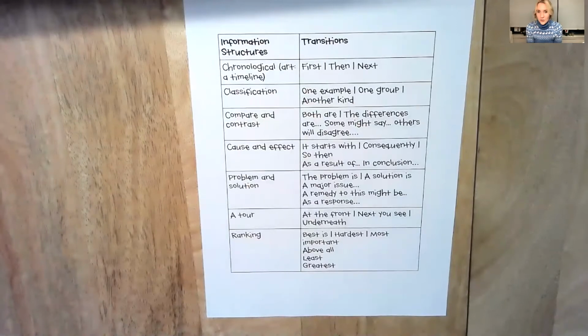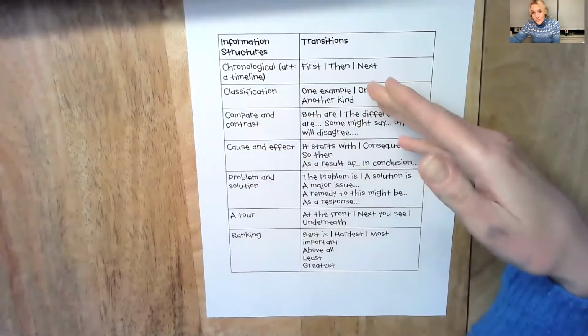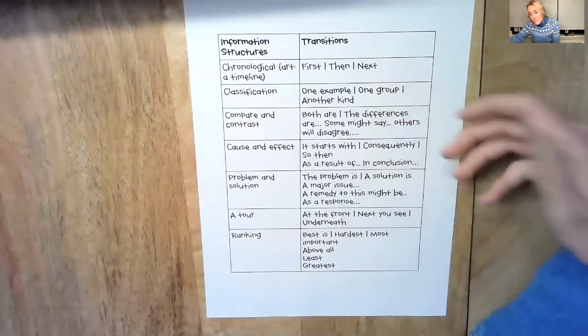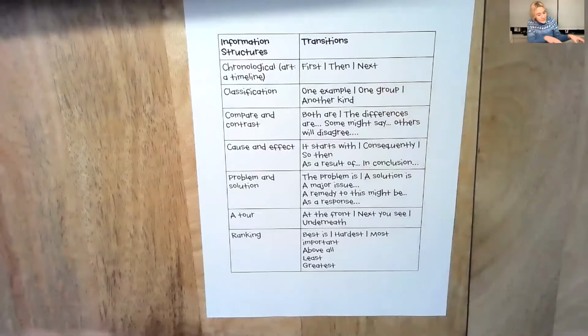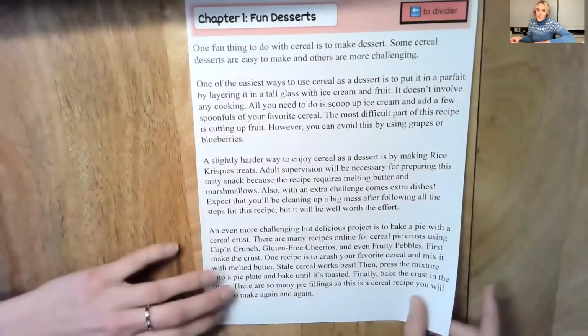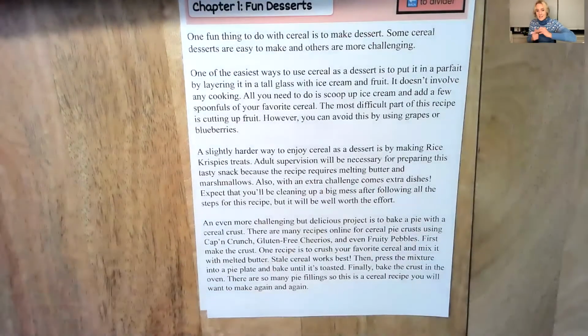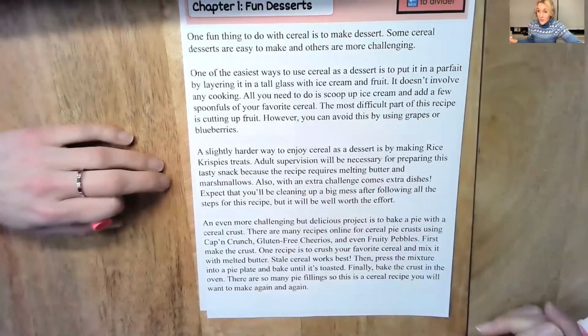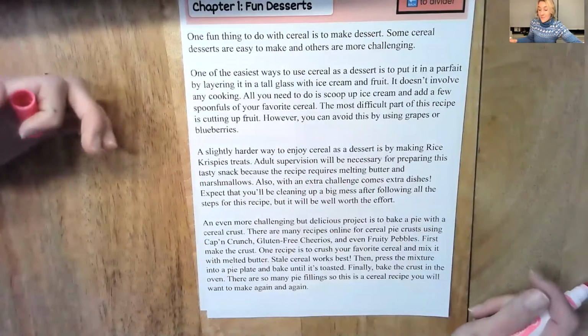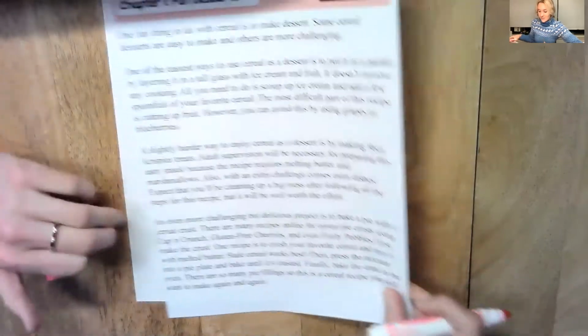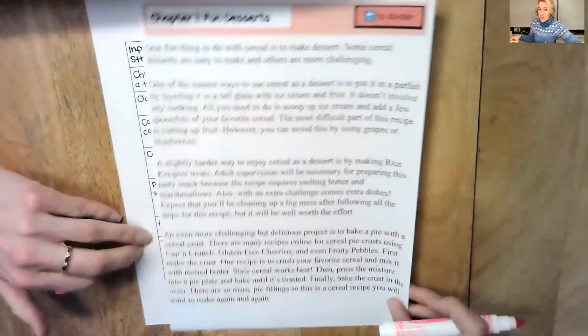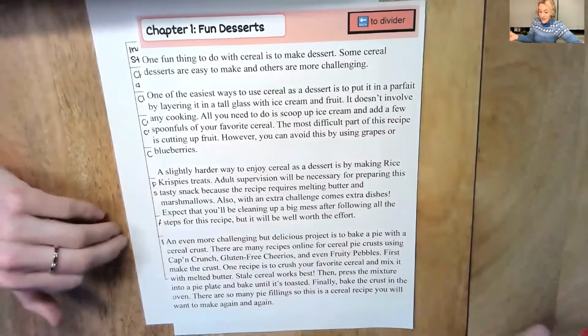Be the magical guide by choosing transitional words and phrases that clue them in and keep them on track. Let me just give you a quick example. You might remember my chapter about fun desserts and treats. Do you remember what structure I used for this one? Well, let me just show you, and then you might be able to figure it out.